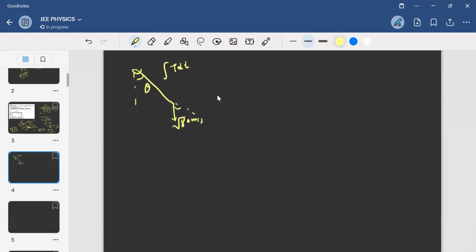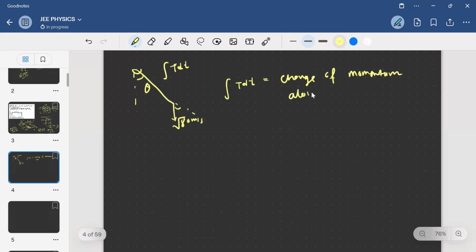So the impulse developed in the string will be the change of momentum along the direction of the string.